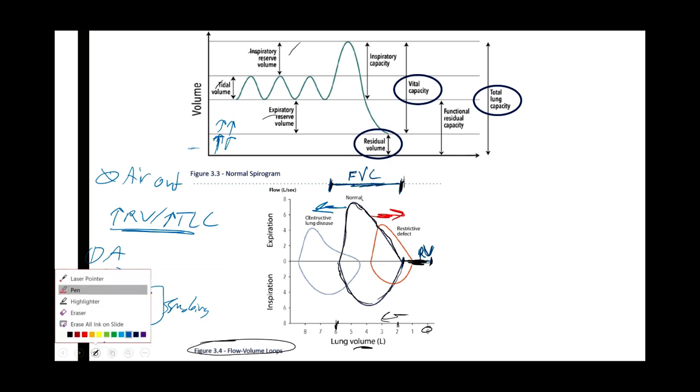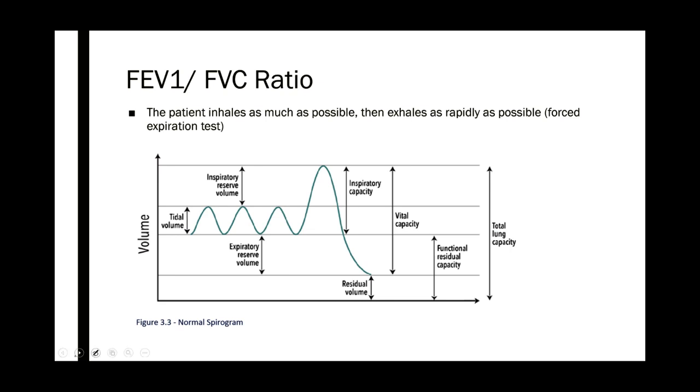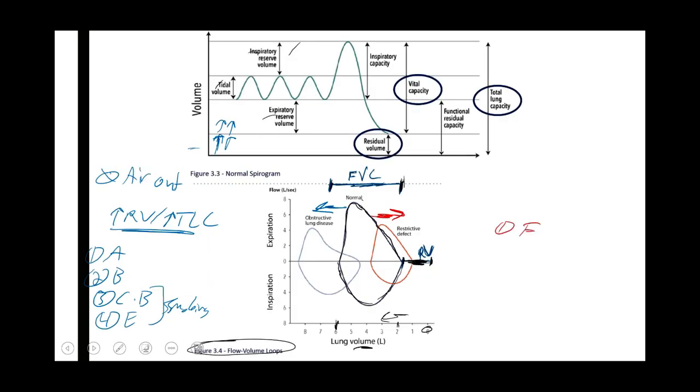Now, restrictive lung diseases, there's a bunch of them. Fibrosis is probably one of the really common ones that you'll see. And what they do is the opposite. They decrease the residual volume.